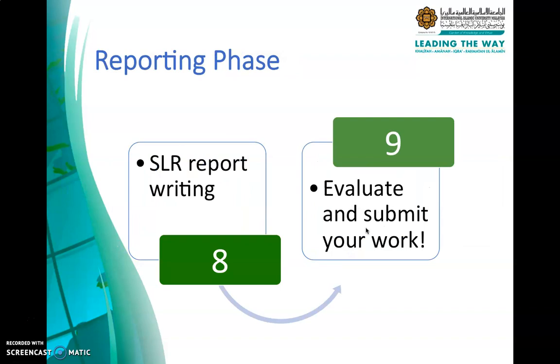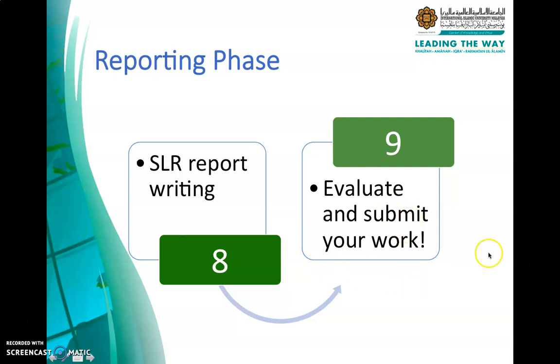Finally, under reporting is where we document the review. Someone else needs to read it, so we have to disseminate the findings. This is the most important part, where we need to properly document the methodology that we use, and the results and findings that we obtain from our review.